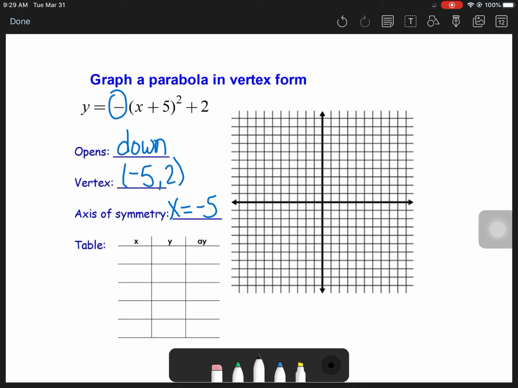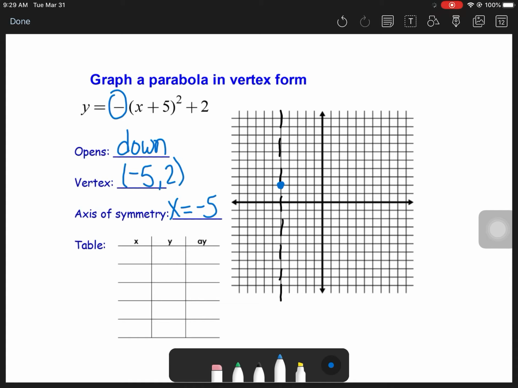So we'll go to negative 5 on the x-axis. We're going to draw our vertical line at x equals negative 5. We're going to put our vertex at negative 5, positive 2.